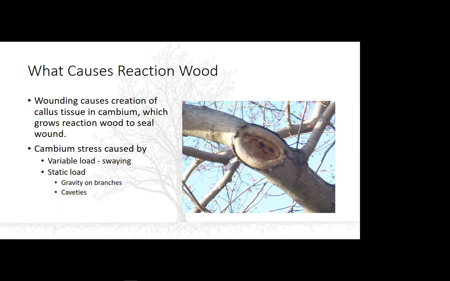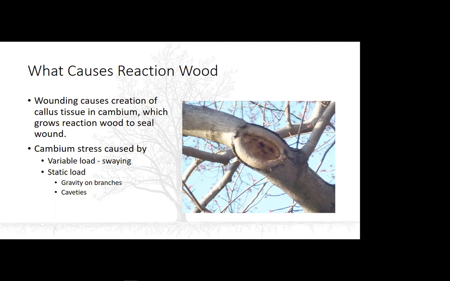And so in branches, we talked a little bit about this on Saturday. The top of the branch is in tension, the bottom of the branch is in compression, and that continuous static load causes the cambium to grow wood in different ways to combat that static load.